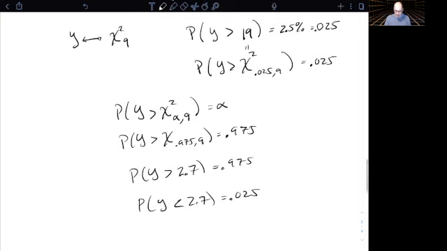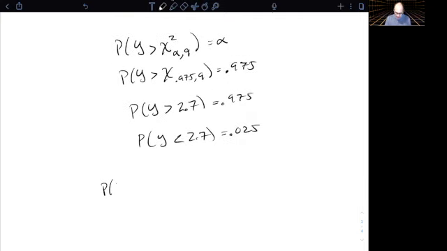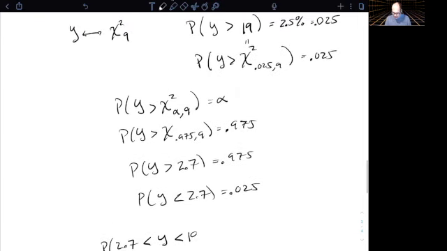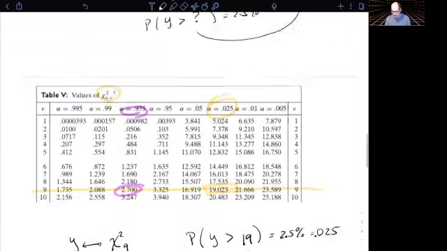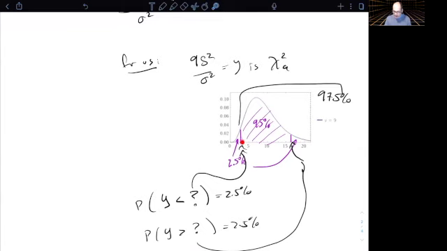So altogether, the probability that y is bigger than 2.7 and less than, what did I get up there, 19, is 95%, right? Those are the two endpoints that I found over here, and 95% of the time my chi-square variable is in between.